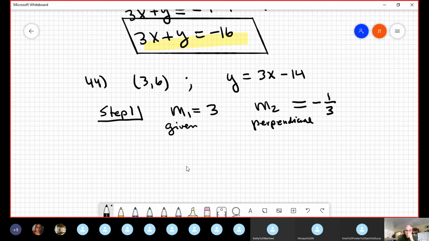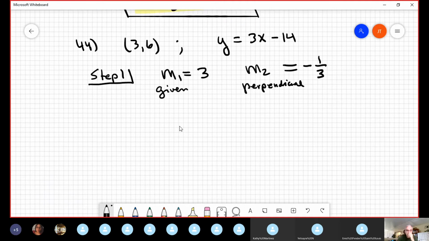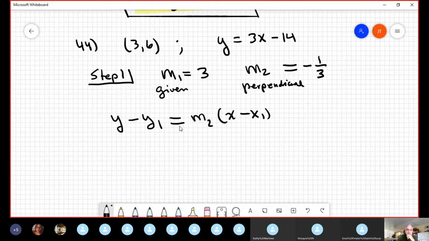And the rest is apply the famous formula: y minus y1 is equal to m, which always is the second slope, times x minus x1. In our specific example, this is x1, y1. Y minus 6 is equal to negative 1/3 times x minus 3.